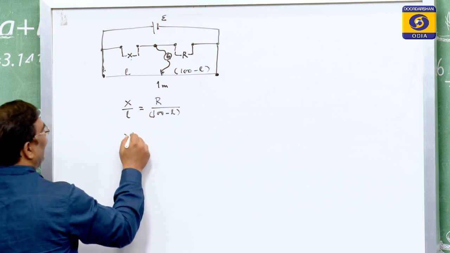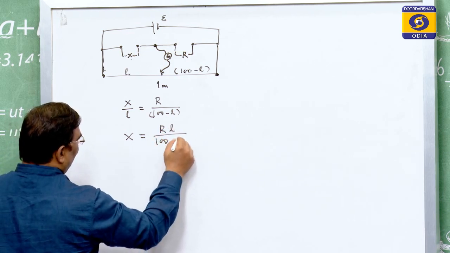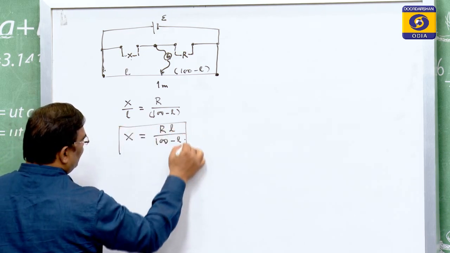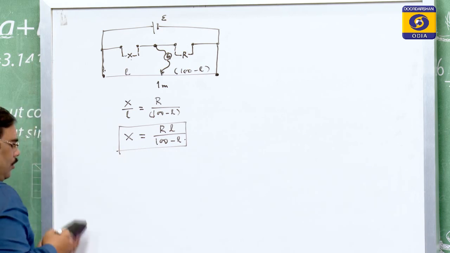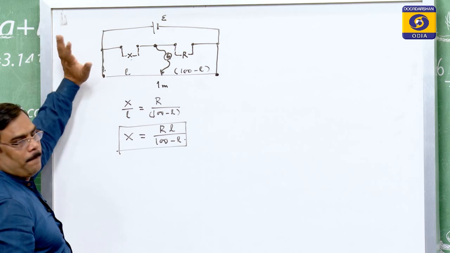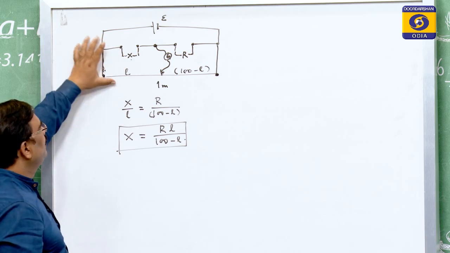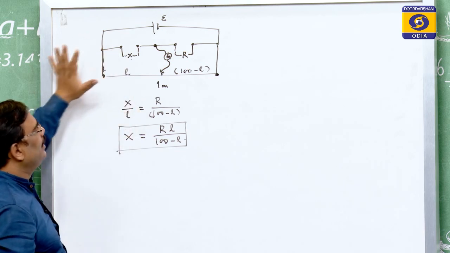So, the value of x can be calculated as R into L divided by 100 minus L. This is the way in which we use the meter bridge, which is actually the application of Wheatstone's bridge to find the unknown resistance.